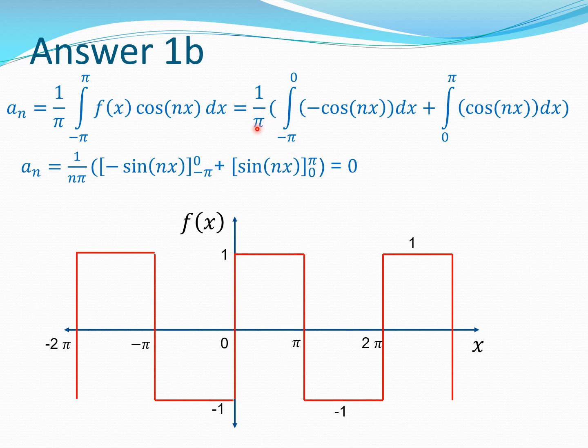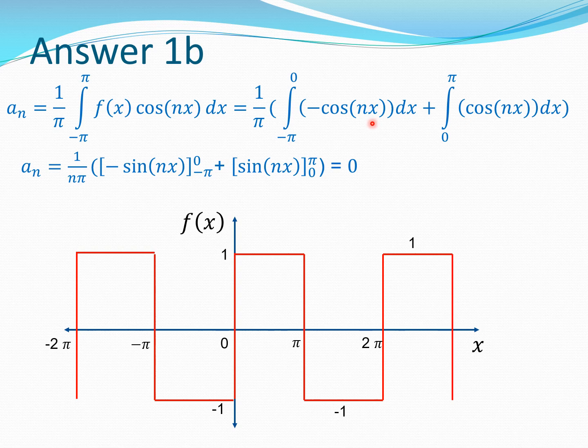I keep the 1 by pi outside, and I have one integral from minus pi to 0 and the second from 0 to pi. Remember, for the first integral, minus pi to 0, the value of the function is minus 1, so this simply becomes a negative sign. In the second part the value of the function is plus 1, so it's a positive sign.